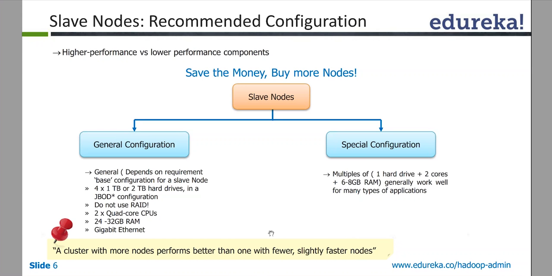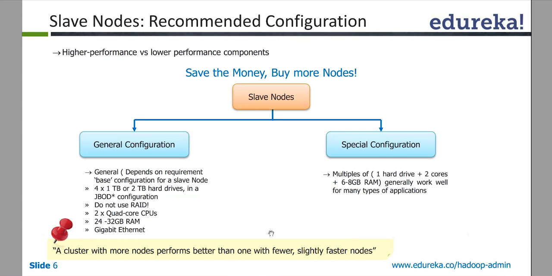So let's do one thing. Let's buy more nodes. Might be fewer, slightly faster nodes, or it can be of low capacity. That's fine. But buy more nodes so that it can bring more distribution power. The more the distribution, the less the pressure on those nodes.